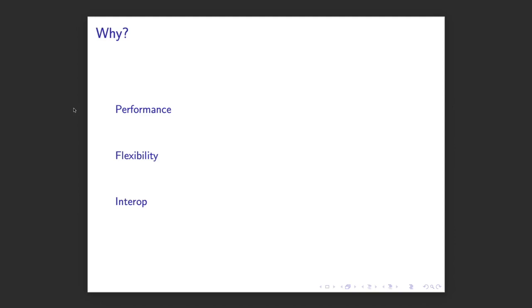The first being performance, that we can improve the performance of certain critical operations. The second being flexibility, that we can adapt routines to better fit specific applications. And the final being interop, that our Julia routines can interact better with Julia the language than ccall code can.